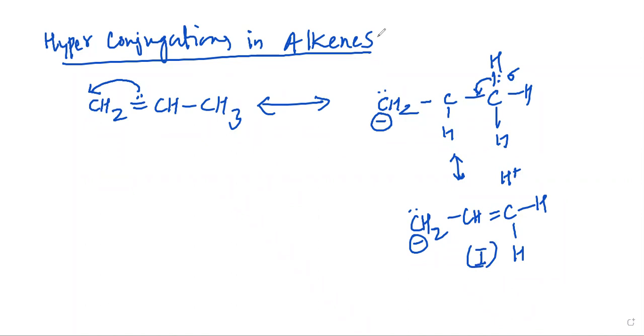Here also, my dear students, you can find the alpha hydrogen, this is the alpha hydrogen, this is the alpha hydrogen, this is even the alpha hydrogen. Same way, we can expect this to happen. CH2 double bond CH, and then you have CH3.